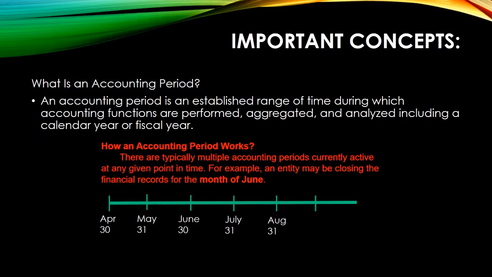So how does an accounting period work? Typically, multiple accounting periods are available for the business. They can choose either monthly, quarterly, semi-annually, or annually.